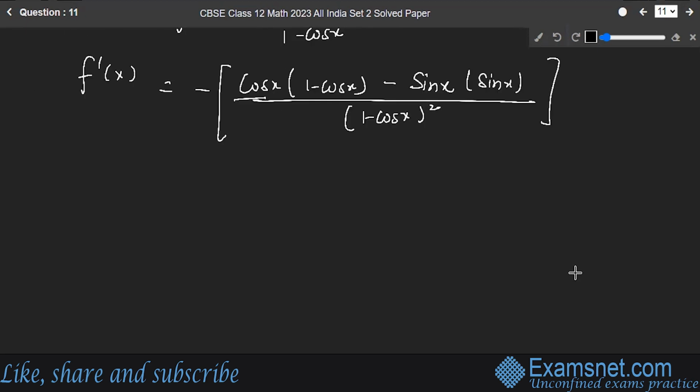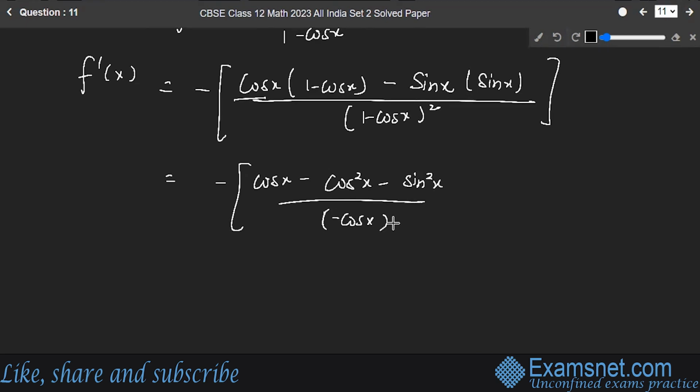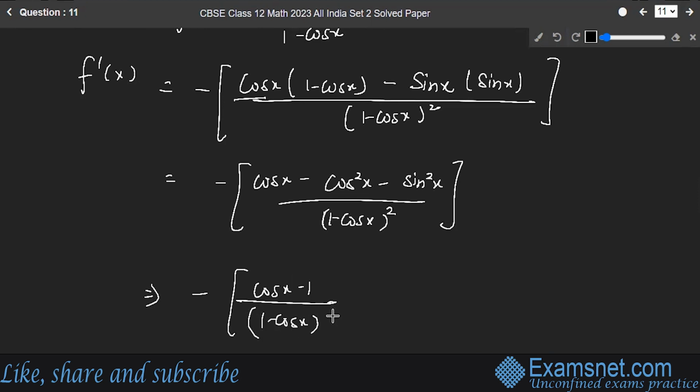Okay. So this will give you minus cos x plus cos square x plus sin square x, whole divided by 1 minus cos x whole square, that's cos x minus 1 upon (1 minus cos x) square, correct?